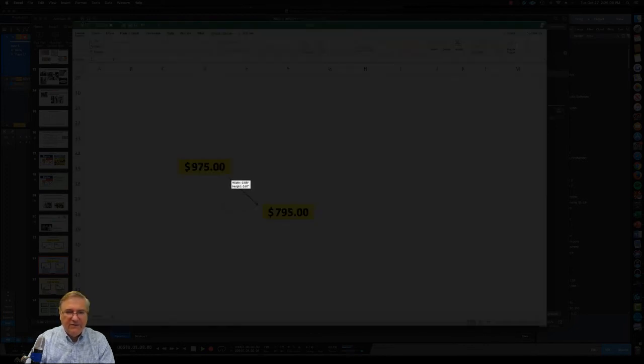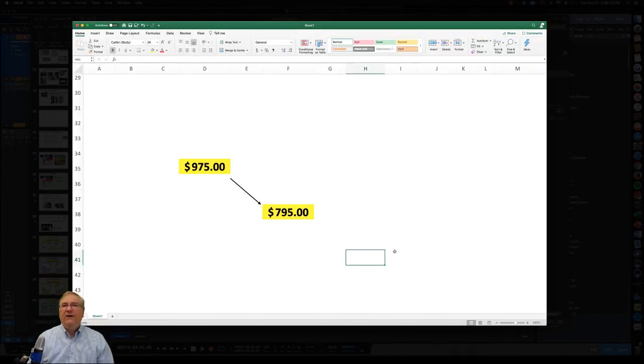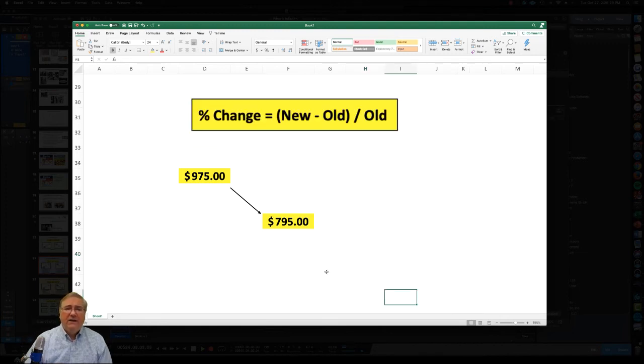And let me just move the arrow down like this. It's pointing down. And that's how we should draw a schematic or a diagram to depict the percentage drop in price. So as we progress from left to right here in time, the old price is $975 and the new price is $795. So let's plug that into the formula together.